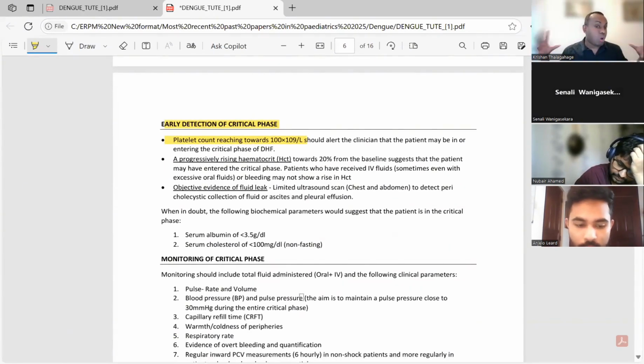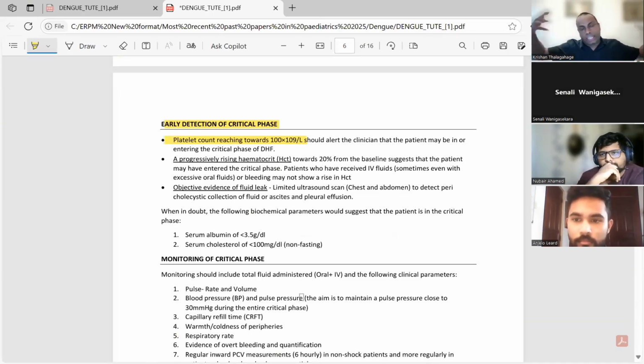Then how do you detect that the child is going into leakage? Leakage එකට ගියා කියලා කොහොමද කරන්නේ? As Ayesha told, you will see features of fluid leakage, pleural effusions, ascites.